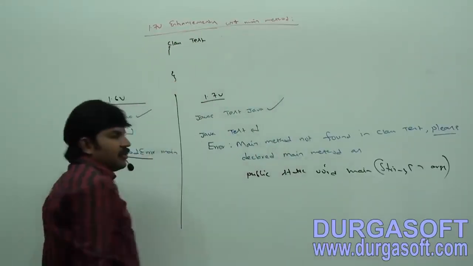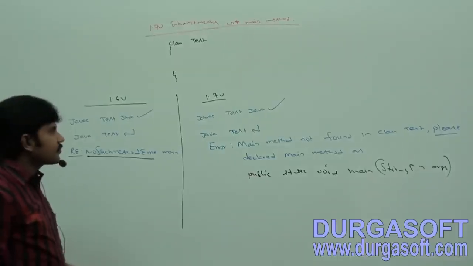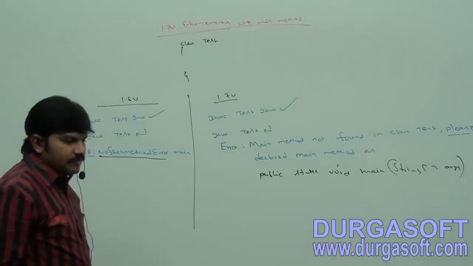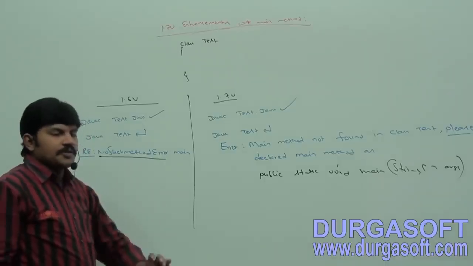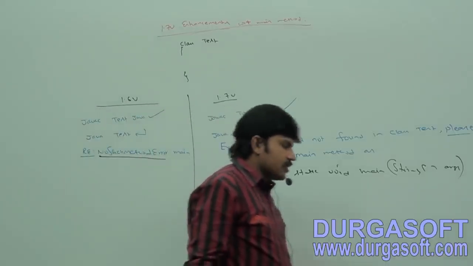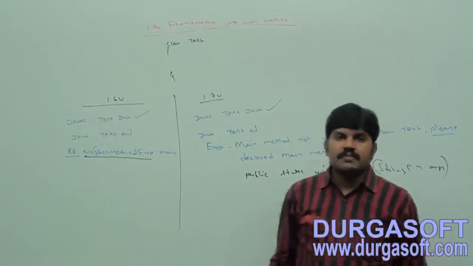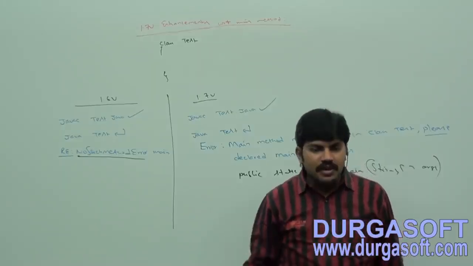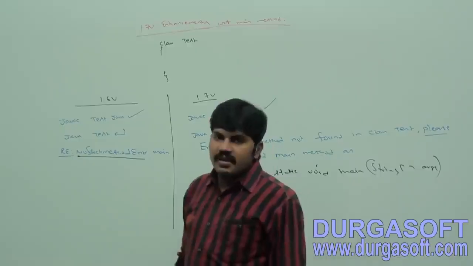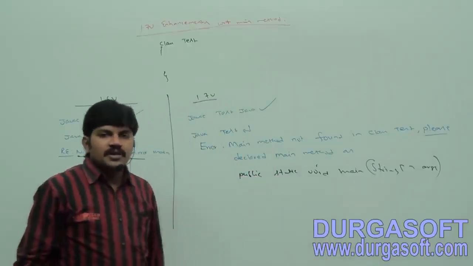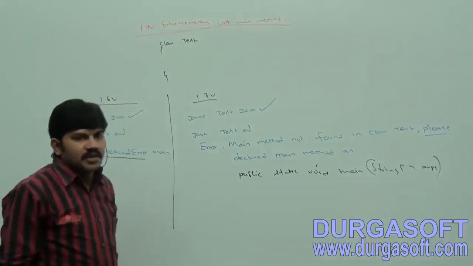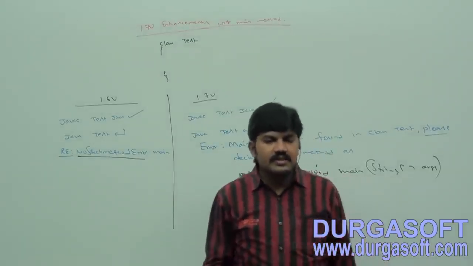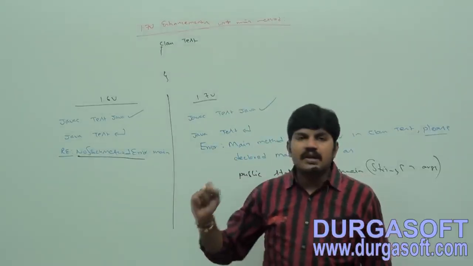Until the 1.6 version, if the class doesn't contain a main method, then we will get a runtime exception.